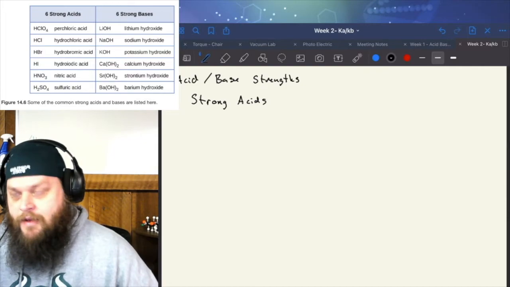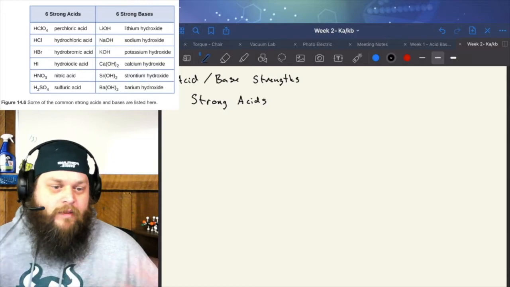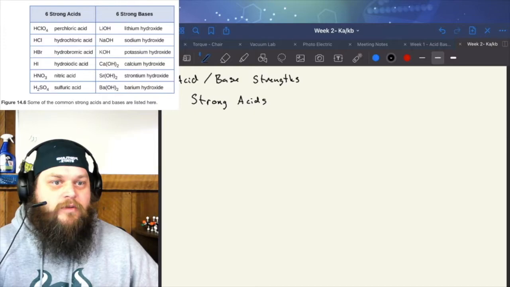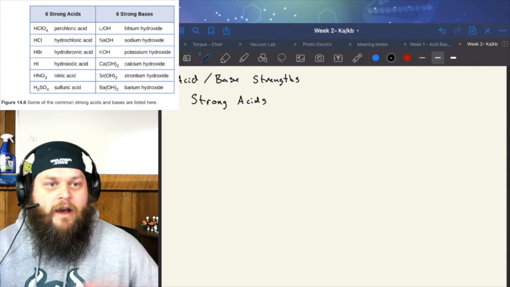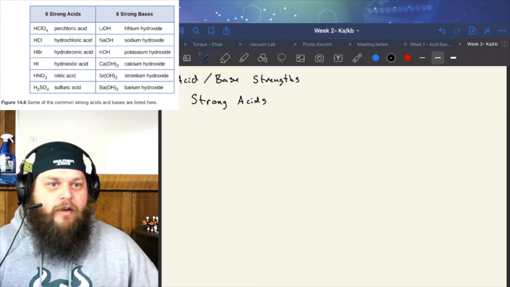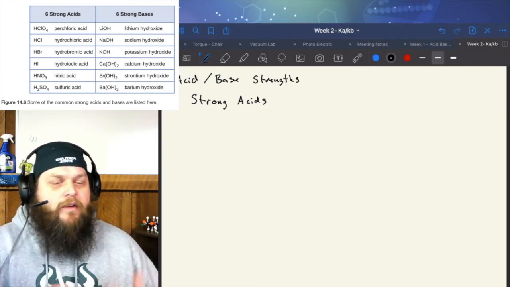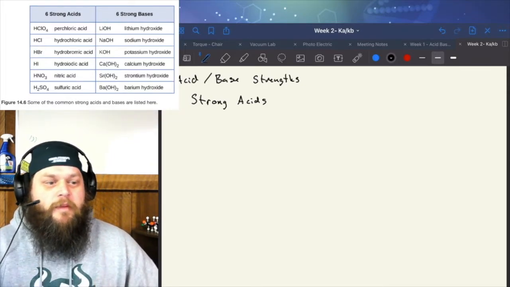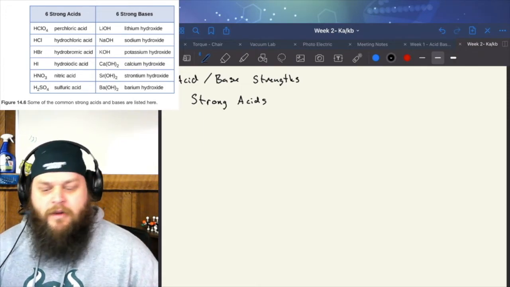So anytime you add, for example, perchloric acid or hydrochloric acid to water, it breaks up completely into hydrogen ions and chloride ions in the case of hydrochloric acid. The hydrogen ions are going to create hydronium, and the chloride ions are really just going to be floating around in the water, very happy to just be floating around in their ionic form. Strong acids basically have a very, very weak conjugate base, which means the conjugate base is incredibly happy being negatively charged or just being in that basic form.